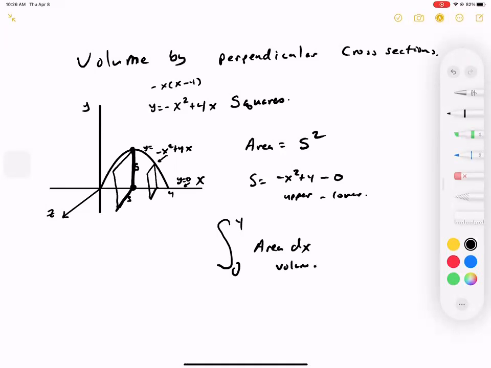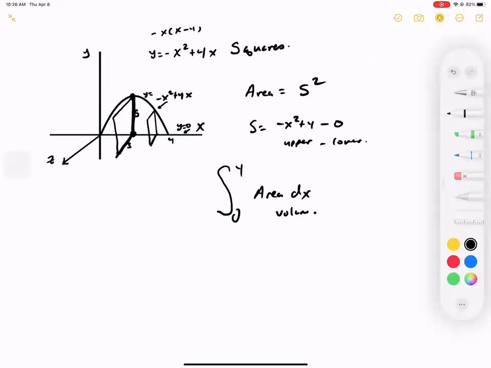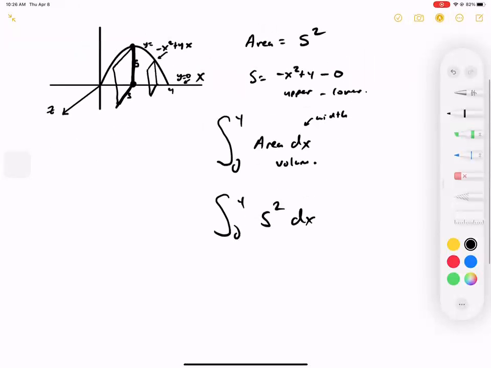A little sliver dx is area times a little bit of width, and that gives us volume. This shape is a square, so it's really the integral from 0 to 4 of s squared dx. What is your s in this case? The integral from 0 to 4 of (negative x squared plus 4x) squared dx.